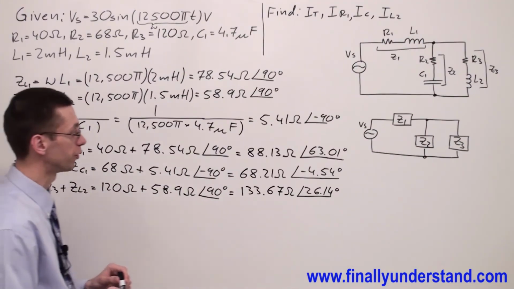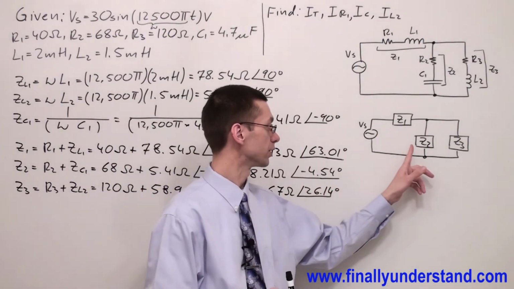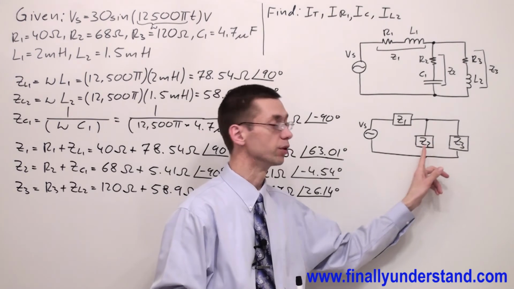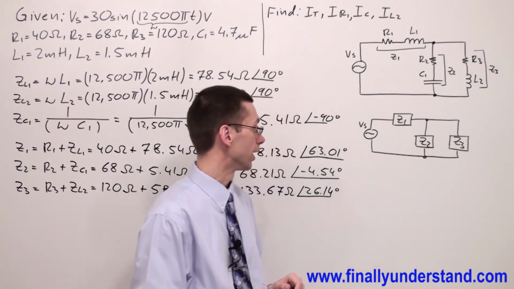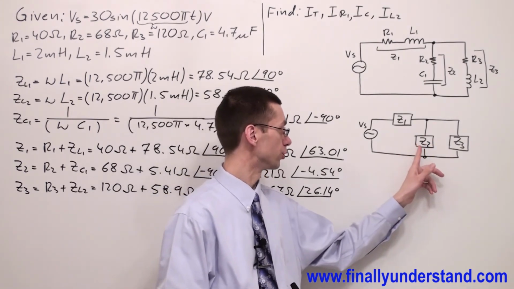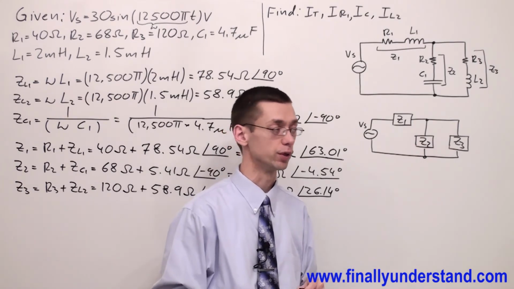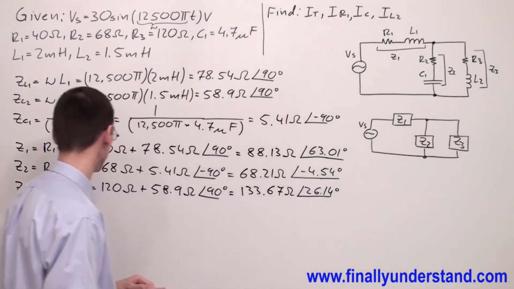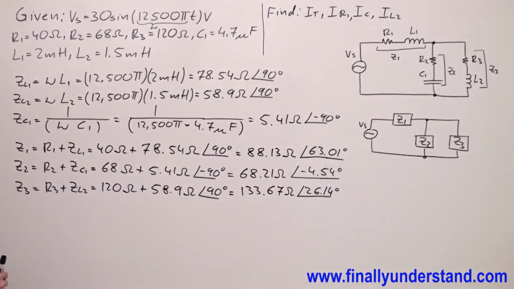Next, we're supposed to find the total impedance of these two impedances. And please notice that Z2 is in parallel with Z3. That's why I'm going to use the product of these two impedances over the sum of these two impedances.